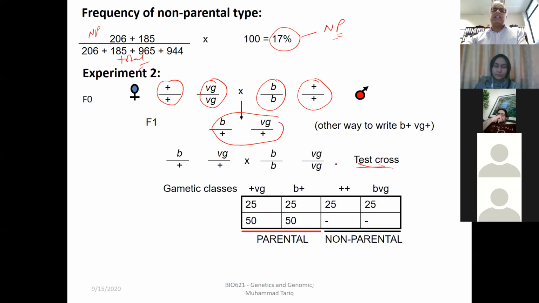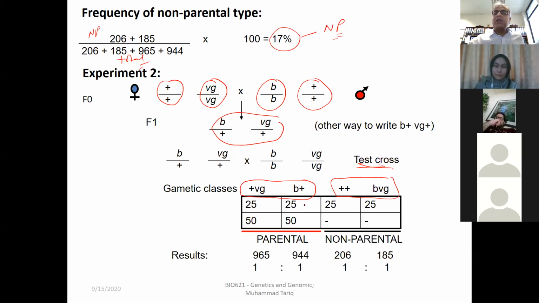And after setting the test cross, I will again look at parentals and non-parental combinations. Maybe, coming from different parents, it disturbs. What you find, with little variation, is again the same numbers. And again, if you add up these numbers, non-parentals divided by total into 100, roughly the same percentage.